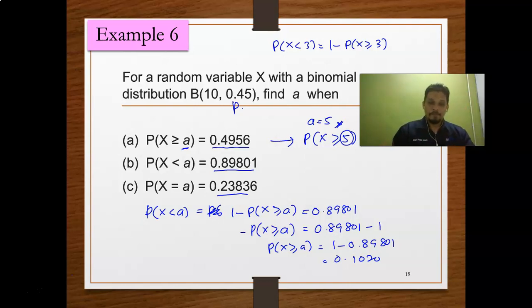Okay, then for this one here, a equal to 7. The probability of X greater than or equal to 7. So find the value for 7, you find that its probability is 0.1020. Okay, so you try this by yourself here.